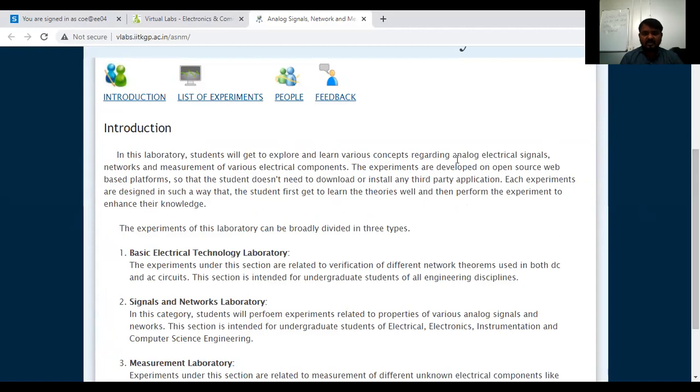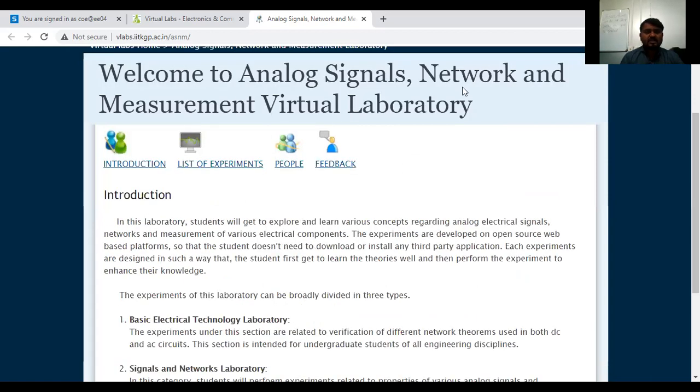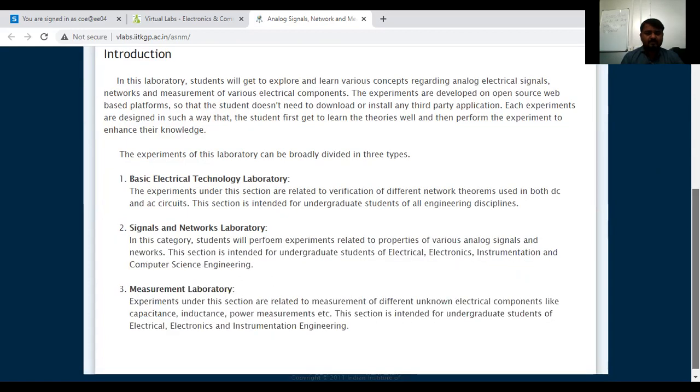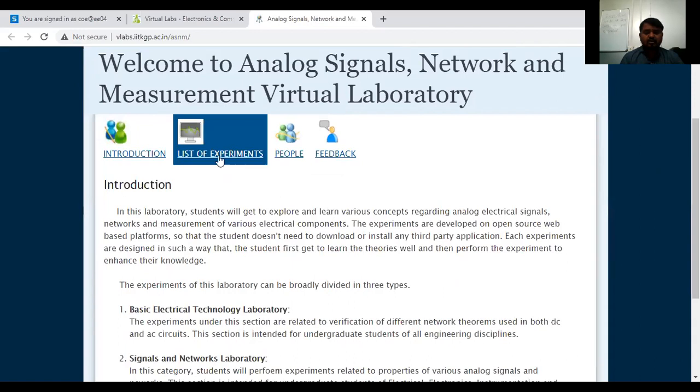For that reason, analog electrical signals, networks, measurement of various electrical components, and some basic experiments for both AC and DC, you can do here. This is just the introduction. Our aim is to check whether our experiment is there or not.